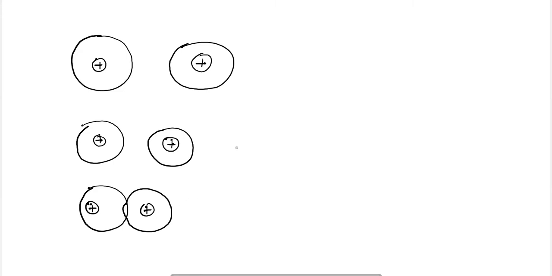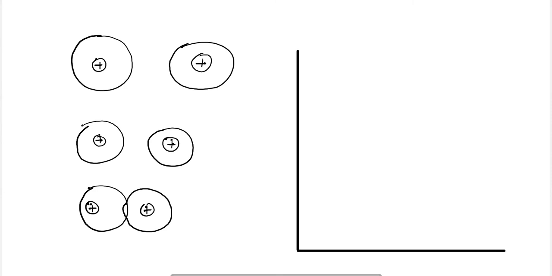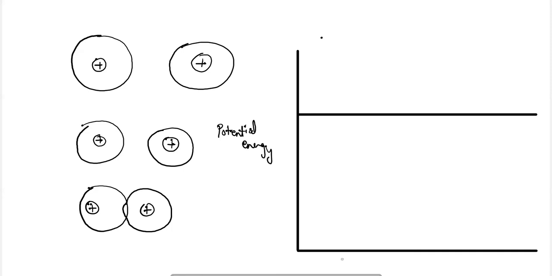So if I am talking about the potential energy here, it will be behaving like this. The potential energy I am denoting on the y-axis, and the internuclear distance is denoted on the x-axis.